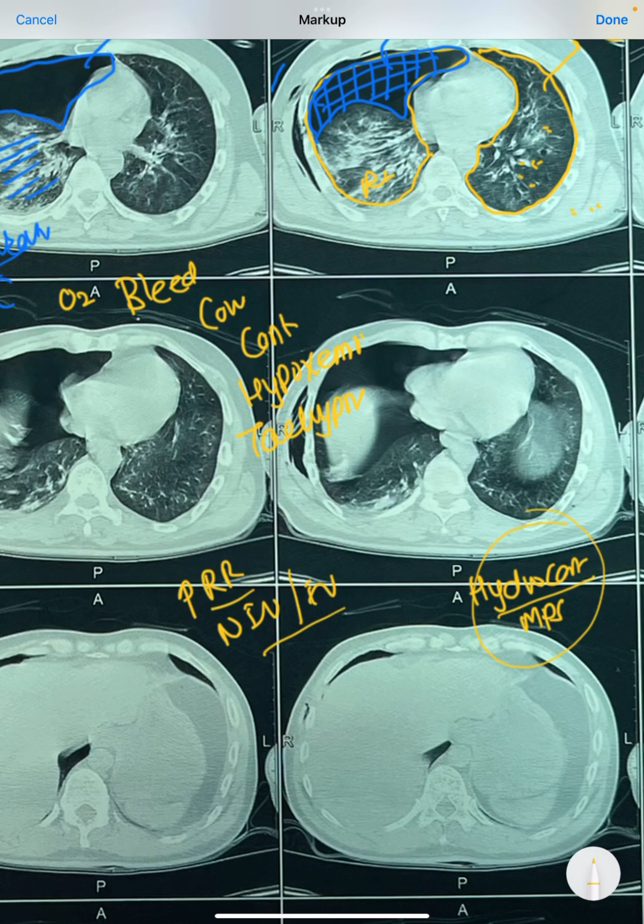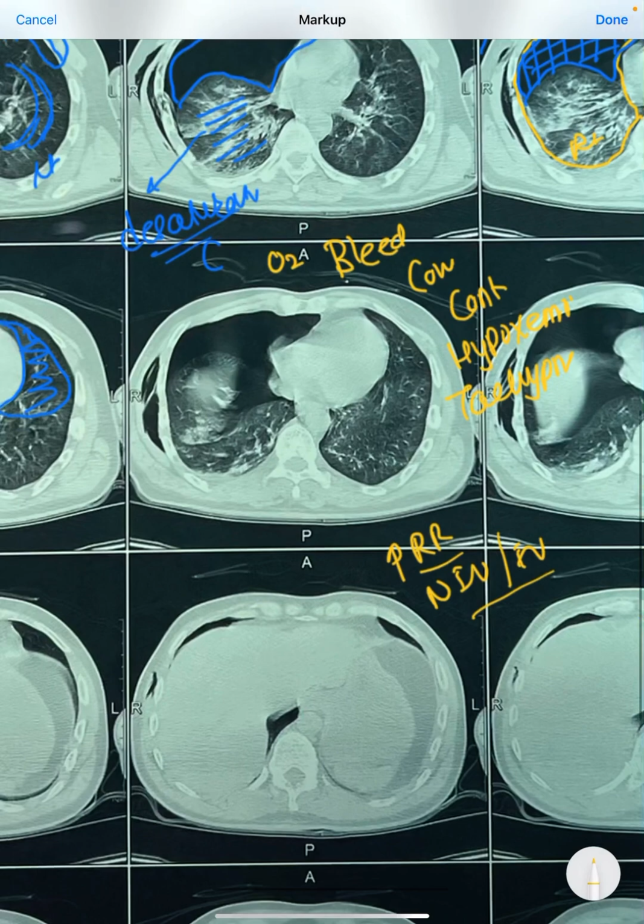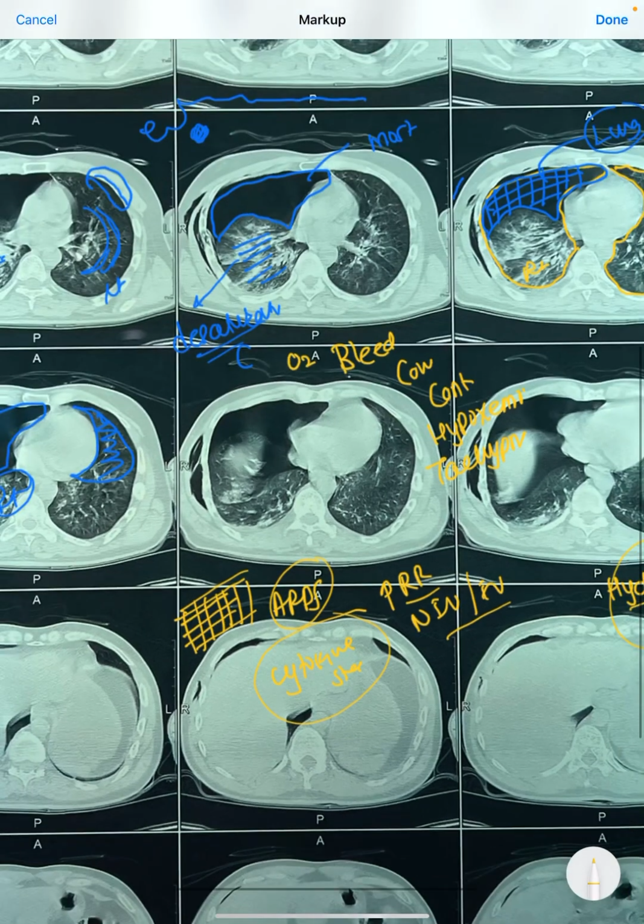So if the patient's weight is around 80 kilograms, we can give up to 80 milligrams of methylprednisolone. Why is this steroid given? Because of the lung contusion, there is significant release of so many inflammatory chemicals in the lung, and the patient may rapidly land up in acute respiratory distress syndrome, or in cytokine storm. To prevent this, patients are usually put on steroids.